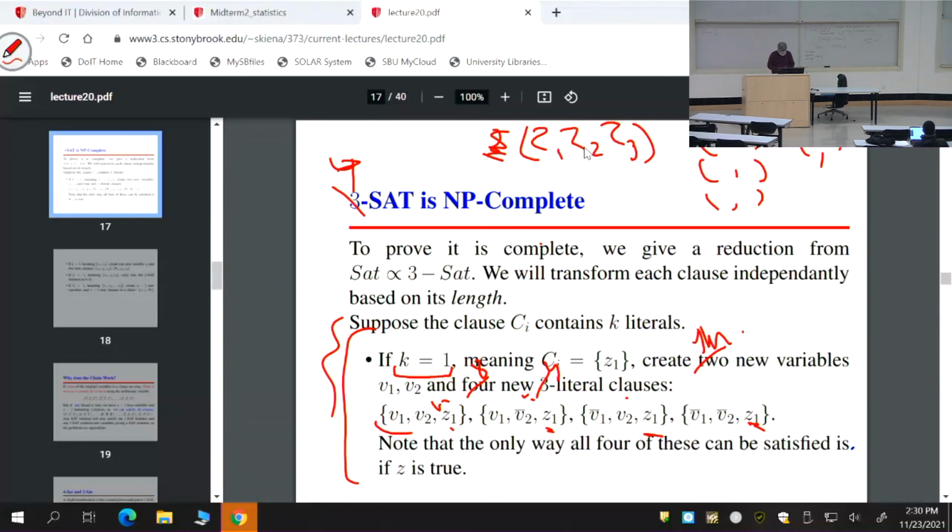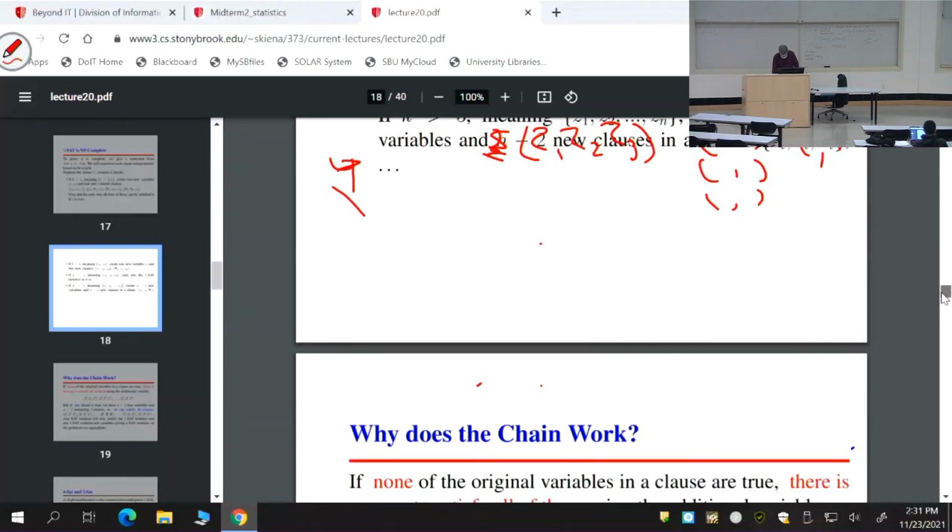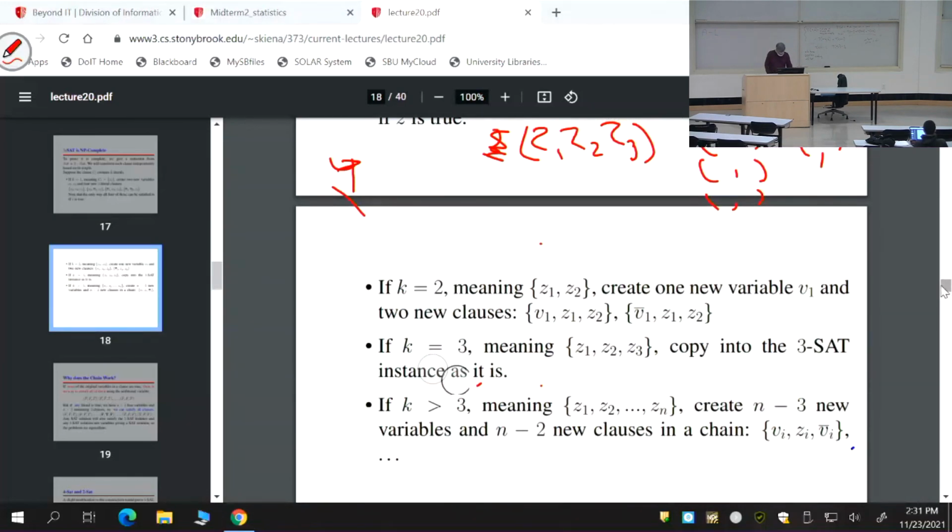Well, I think we're going to run into trouble. Let's look at our original reduction. Where do we run into trouble? Do you see that on the last part of our reduction, we would get into trouble with the chain idea?